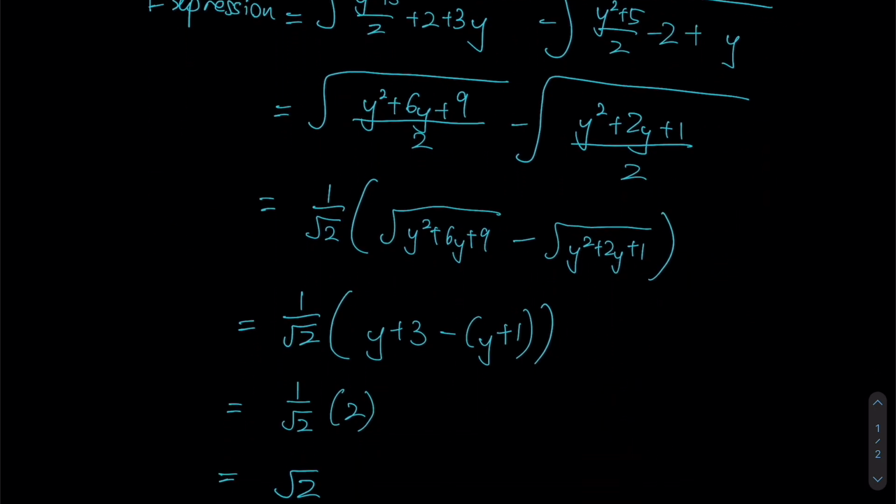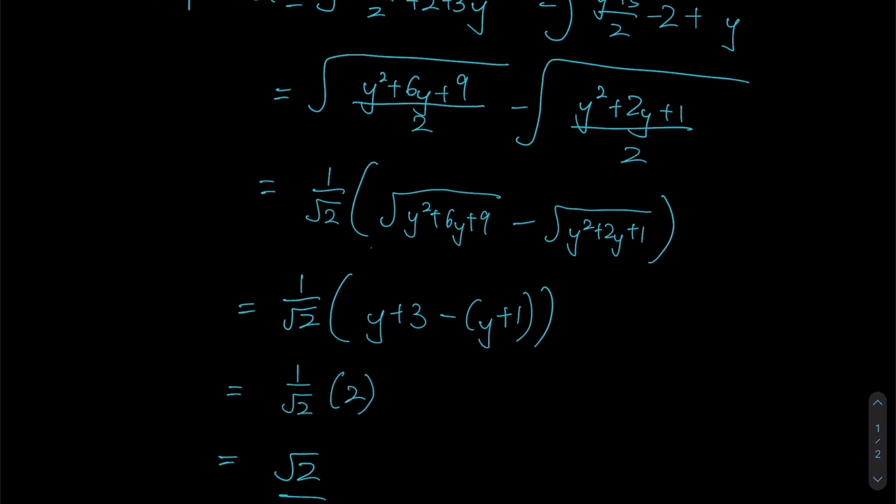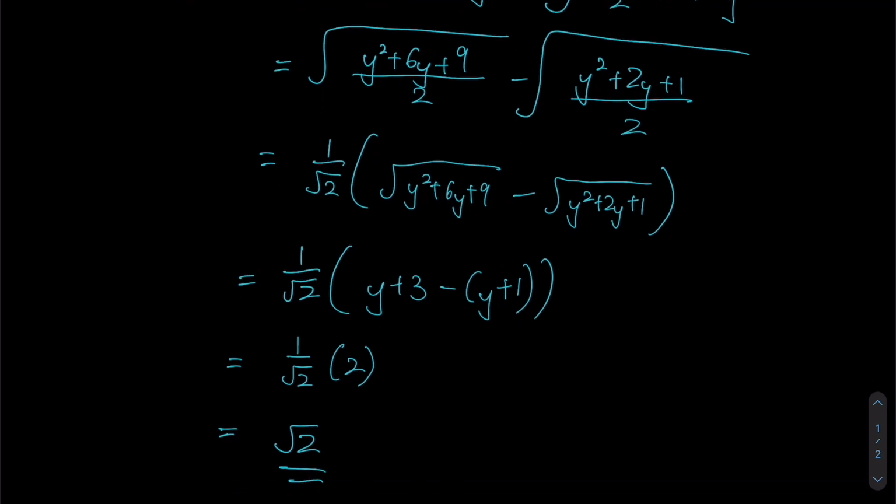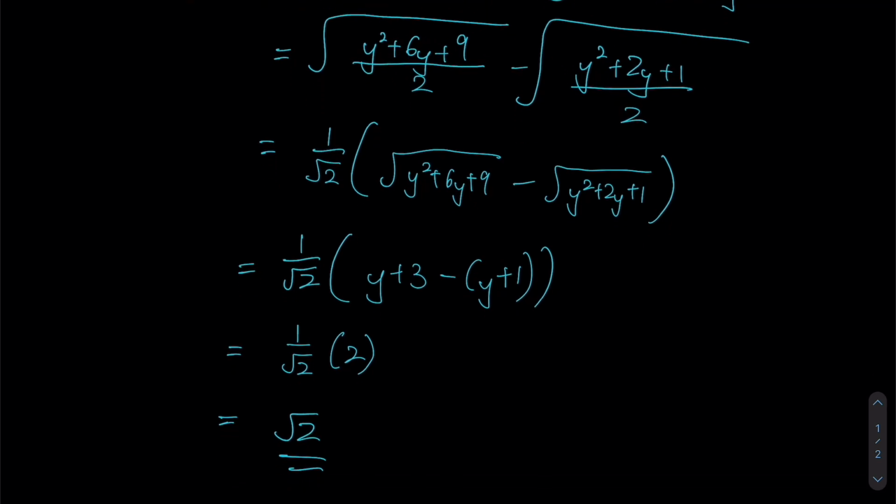Once we reach this stage, notice that y squared plus 6y plus 9 is of the form y plus 3 squared, and y squared plus 2y plus 1 should be easily observed to be the square of y plus 1. Hence, we obtain a nice answer of square root of 2.